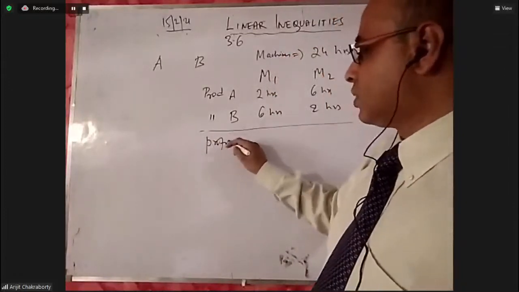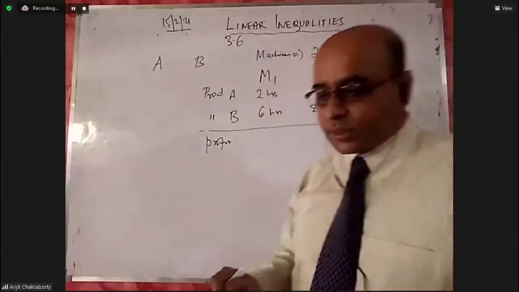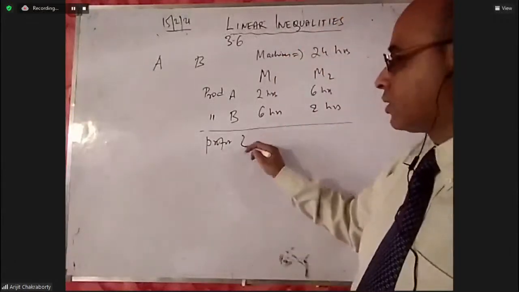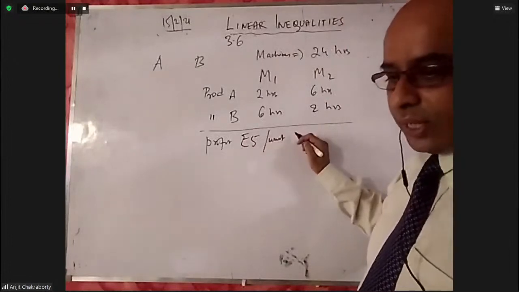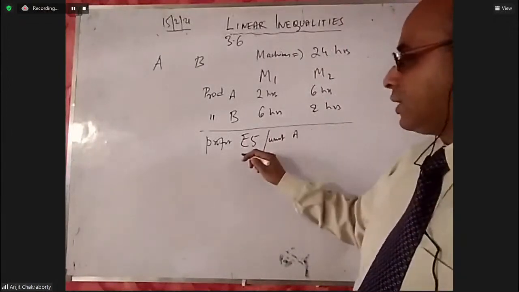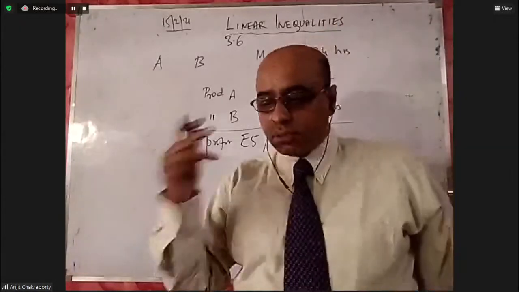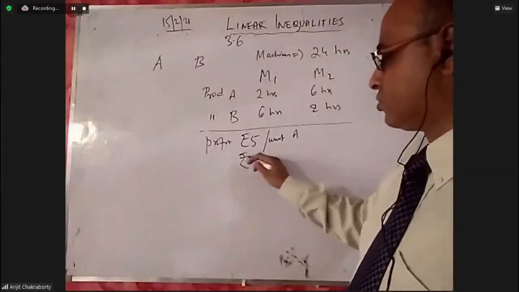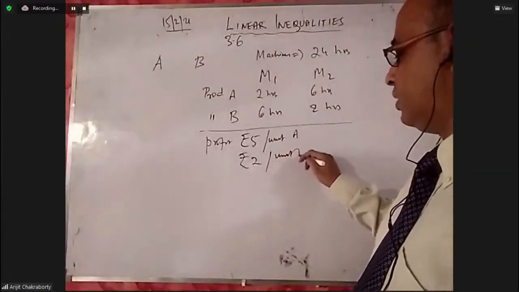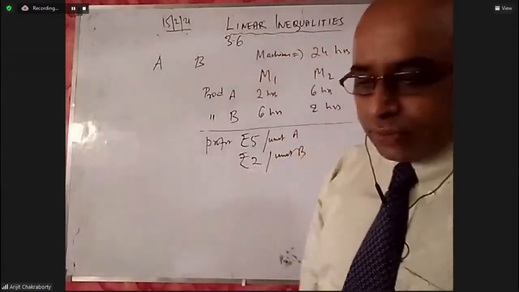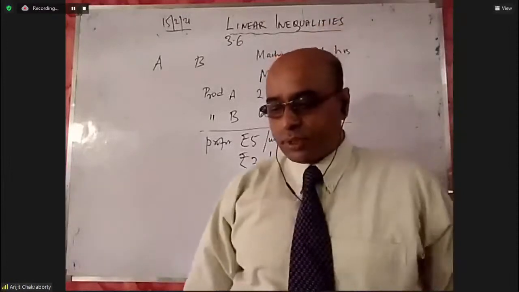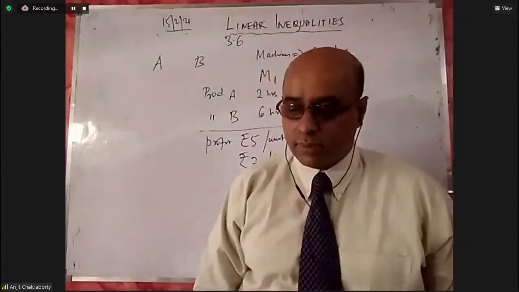What is the profit? I'll write ₹5 for every unit of A. Okay. And the profit is ₹2 on every unit of B. So ₹2 per unit of B. The question is, how many units of each product should be produced in order to achieve maximum profit?